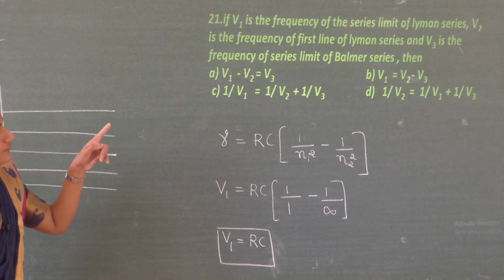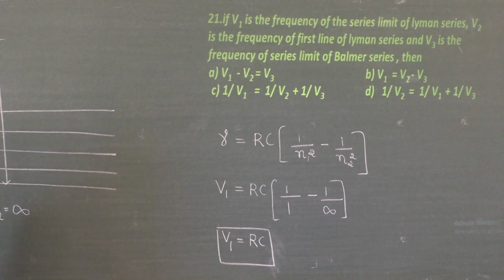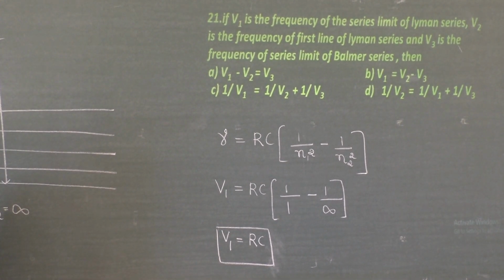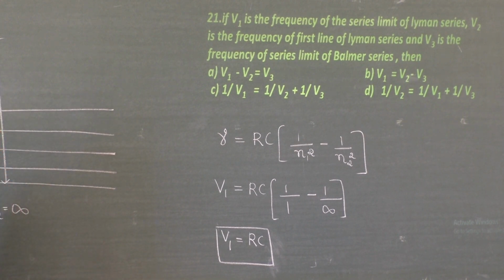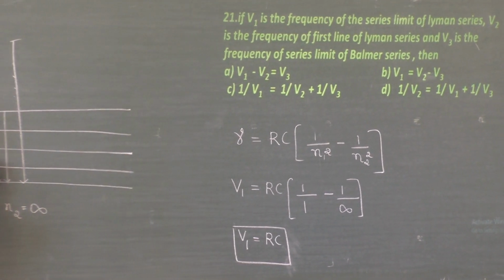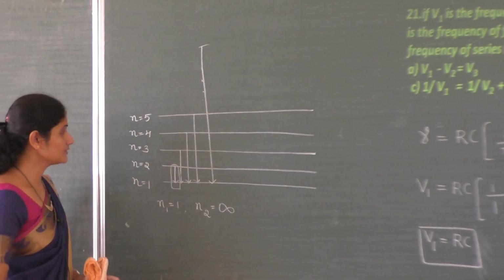Further, V2 is the frequency of the first line of Lyman series.